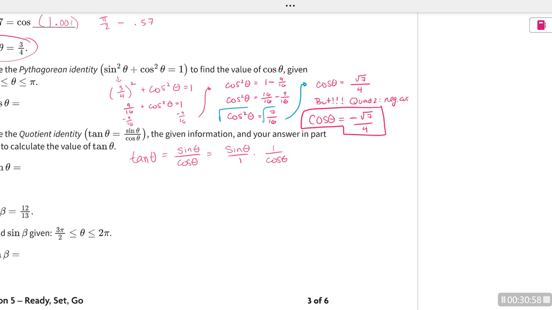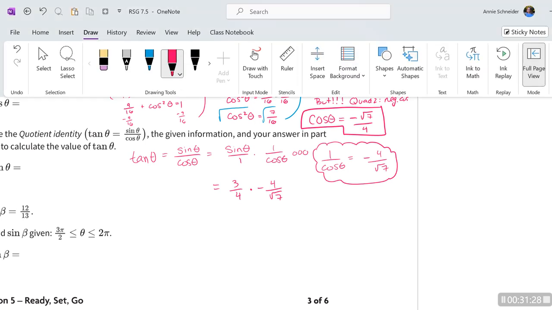And I'm only doing that because sine of theta over 1 is just 3/4. But 1 over cosine of theta is the same thing as negative 4 over square root 7. So times negative 4 over square root of 7.